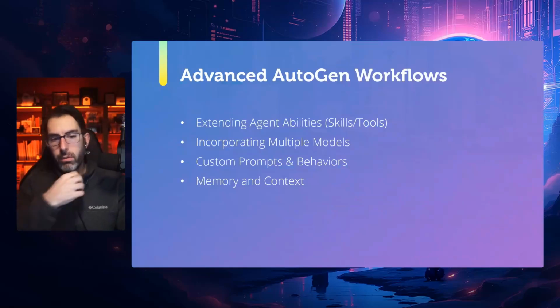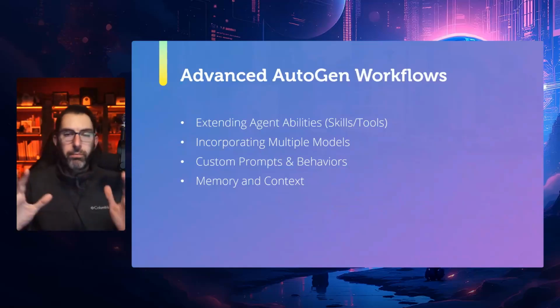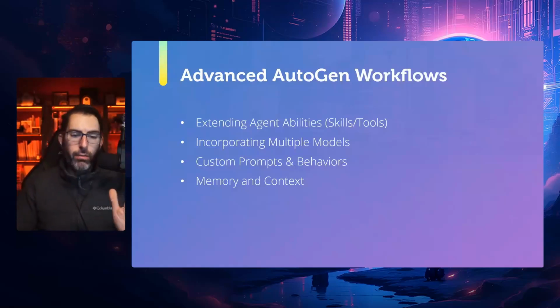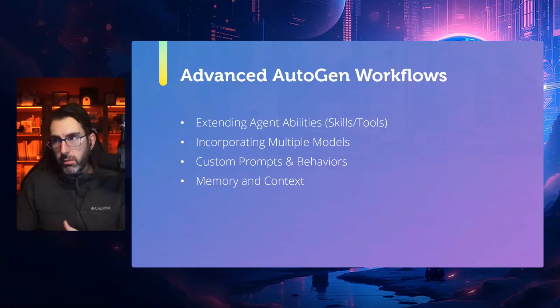So let's continue. Okay. Advanced AutoGen workflows. So what are we talking about? AutoGen allows integration of tools, functions, or external systems that agents can invoke. For example, an agent could be equipped with a Python execution skill, a web browsing tool, or a domain-specific API, which is kind of what we did.